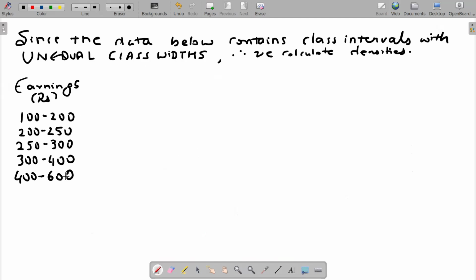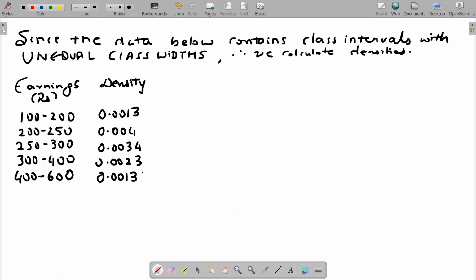Okay, and the number of days are the densities. I'm only writing the densities now. The densities calculated are 0.0013, 0.004, 0.0034, 0.0023, and 0.00135.